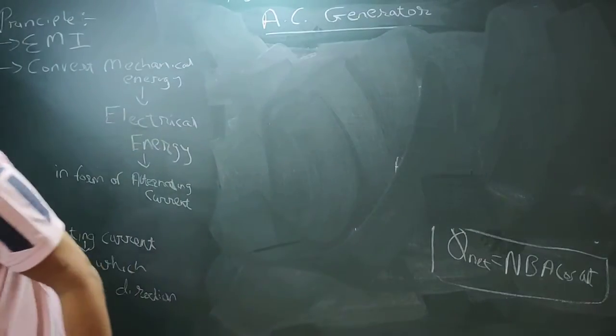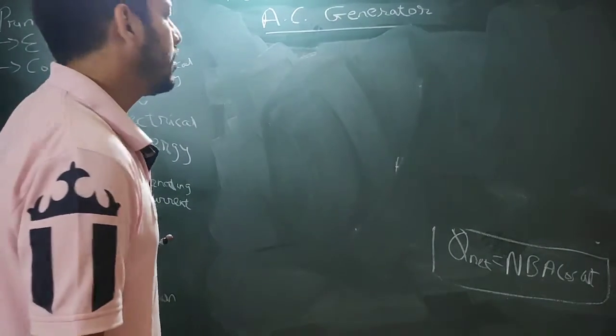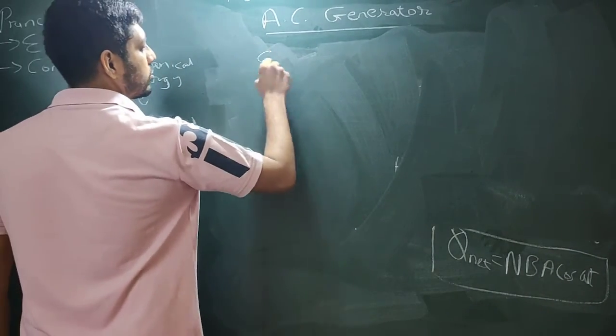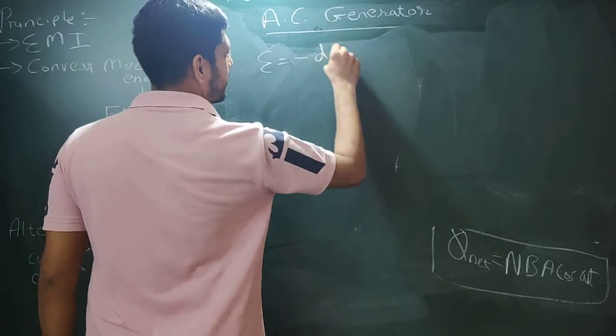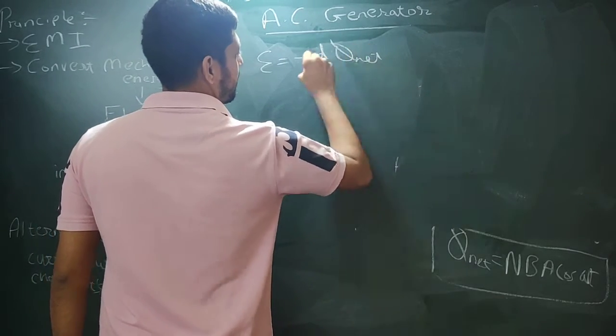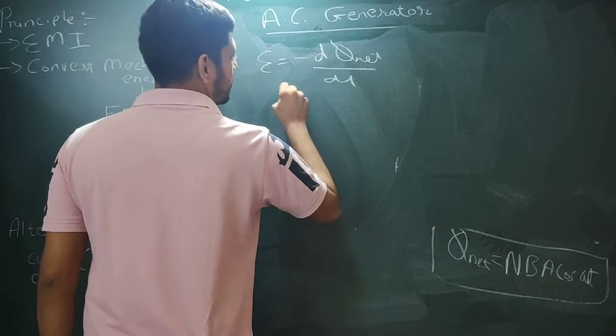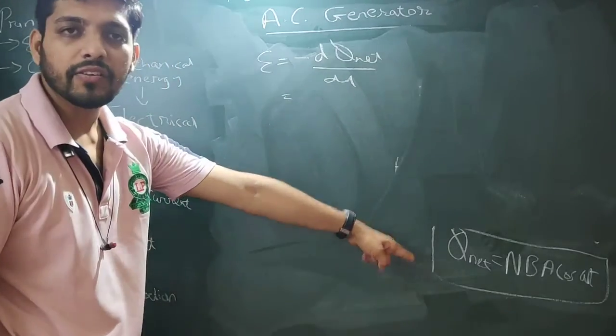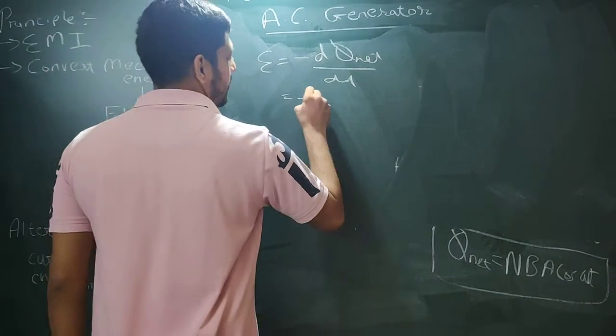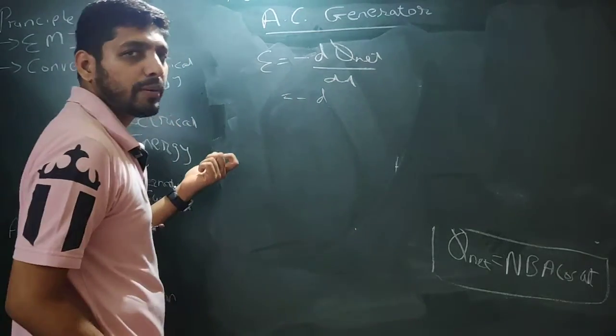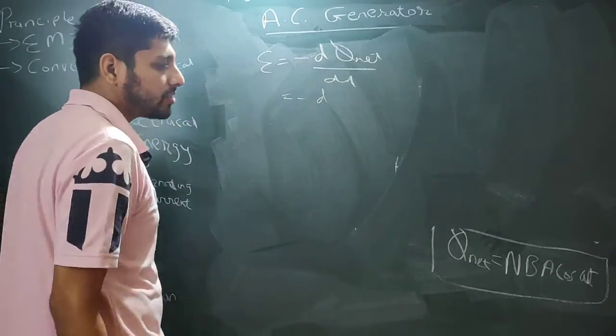Now if we are asked to find the induced EMF, the induced EMF is, according to Faraday's law, minus d phi by dt. Phi is our magnetic flux. The minus is for induced EMF, according to Lenz's law, the negative direction.